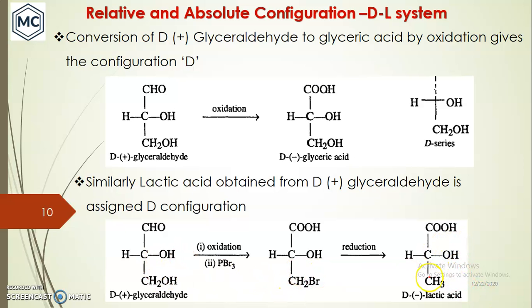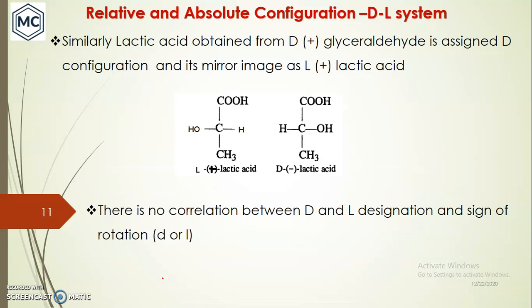So this structure will be D-lactic acid because this is derived from D-glyceraldehyde. Similarly, you can determine the configuration of all other compounds. Similarly, L-lactic acid will have the hydroxyl group on the left. Okay, so you can decide D and L notation in every compound like this.